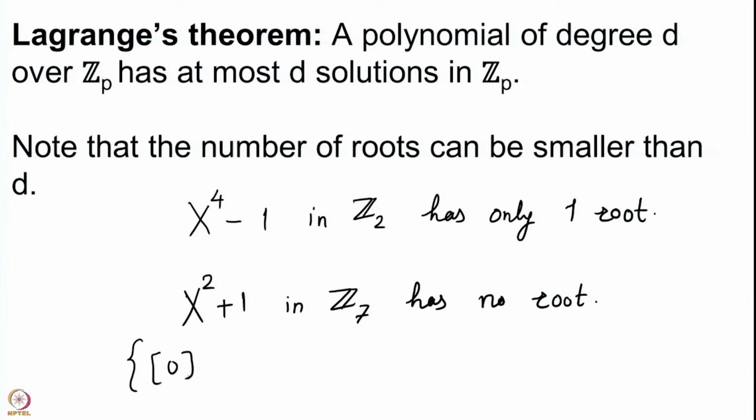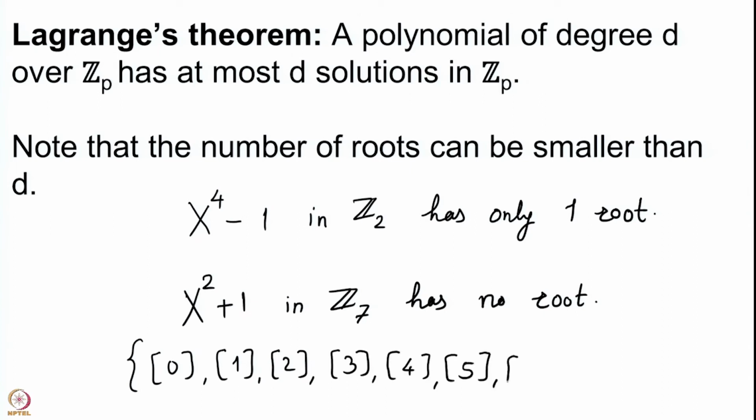You have 0, 1, 2, 3, 4, 5 and 6, and let us just compute their squares. So, 0 square is 0, 1 square is 1, 2 square is 4, 3 square is 9 which is 2, and 4 is minus 3, so its square is 2, 5 is minus 2, so its square is 4, and 6 is minus 1, so its square is 1.